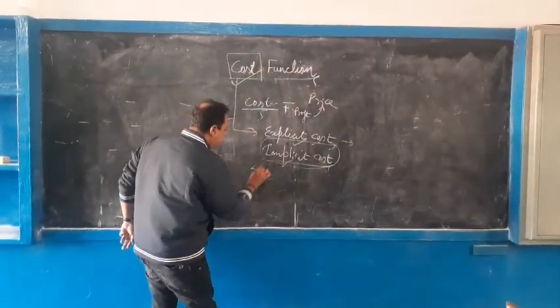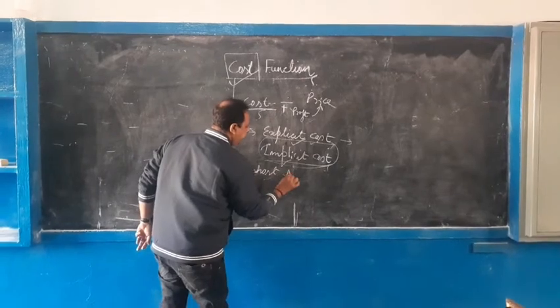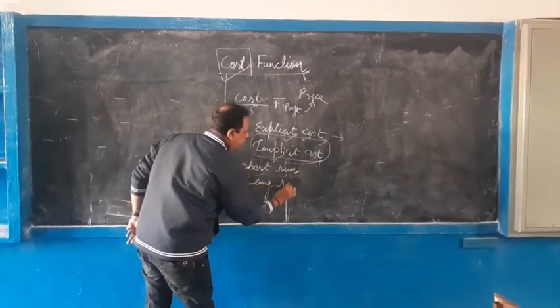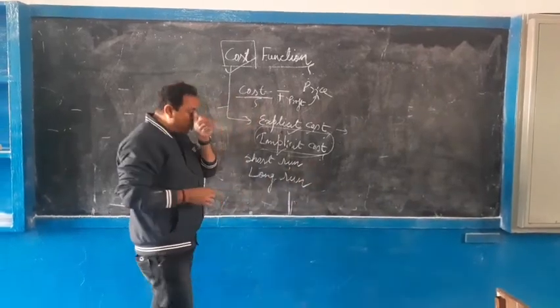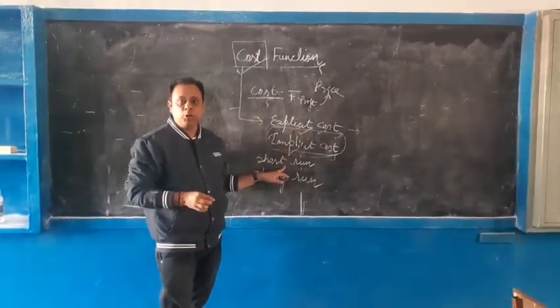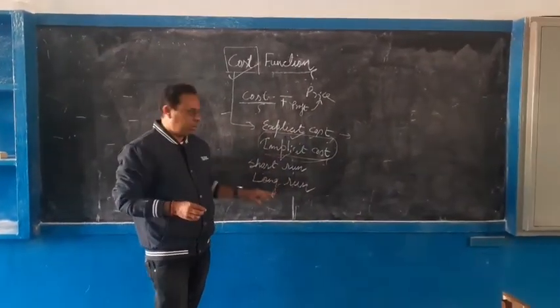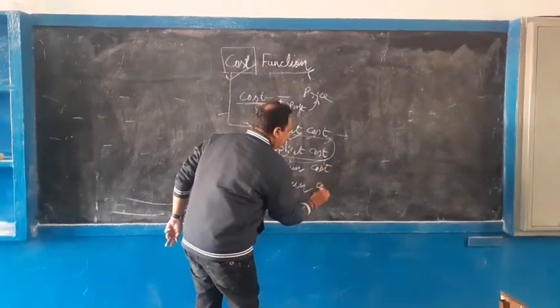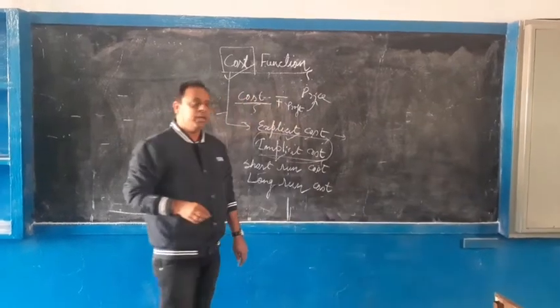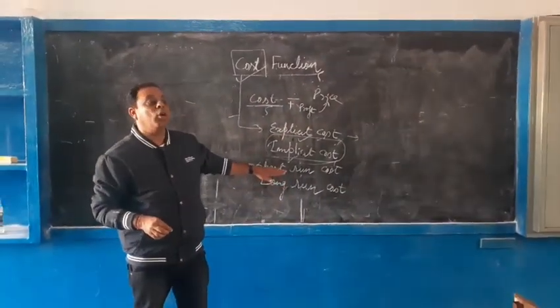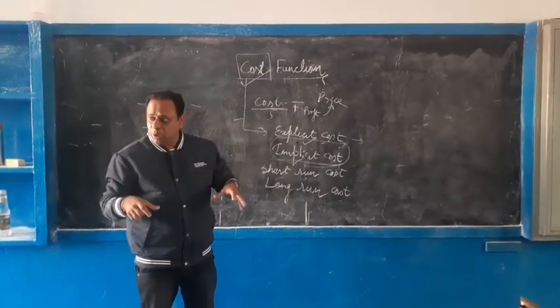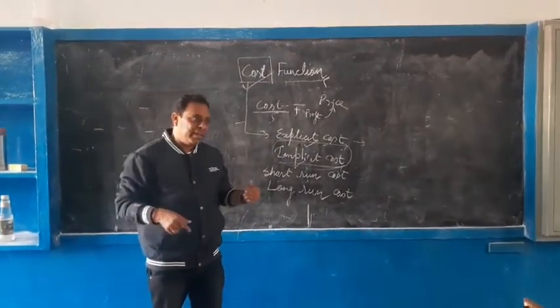Now we will study short run and long run. As in the production function we also studied short run and long run, here also short run and long run are there. So it will be known as short run cost, and then it is studied as long run cost. Short run cost is that cost which is for a short period of time, maybe less than 1 year.